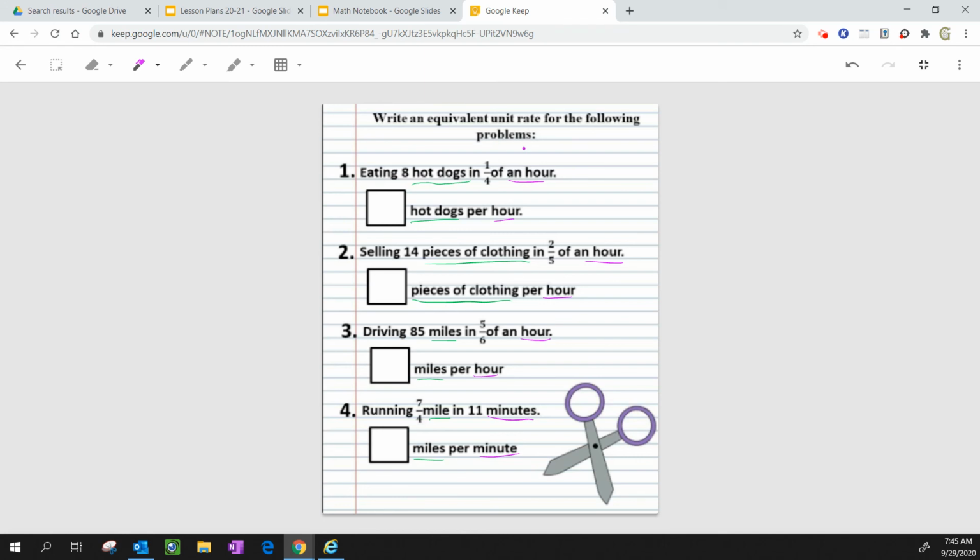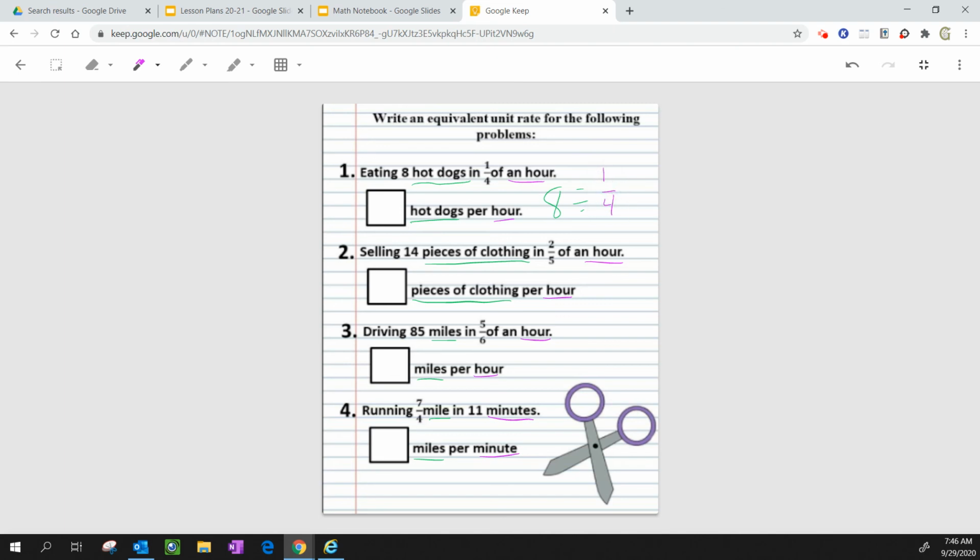When I do this, it helps me know what order I have to divide in. The first one has hot dogs per hour. So that means I have to do my hot dog number divided by my hour number. My hot dog number would be 8, and then we know we're going to divide, and we need our hour number, which is 1/4.